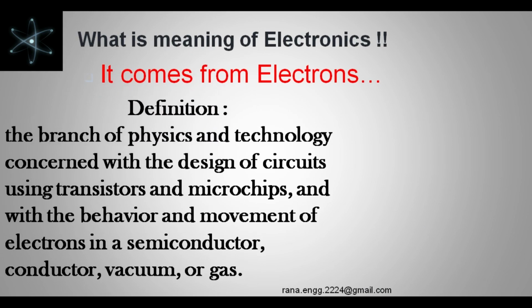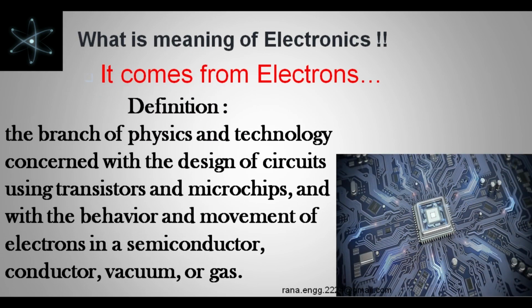What is the definition of electronics? It is the design of circuits using transistors and microchips. What are these microchips we use in our day-to-day life? Mobile phones, laptops, computers, televisions, everything has microchips, and these microchips are made up of transistors, and transistors are made up of semiconductors.